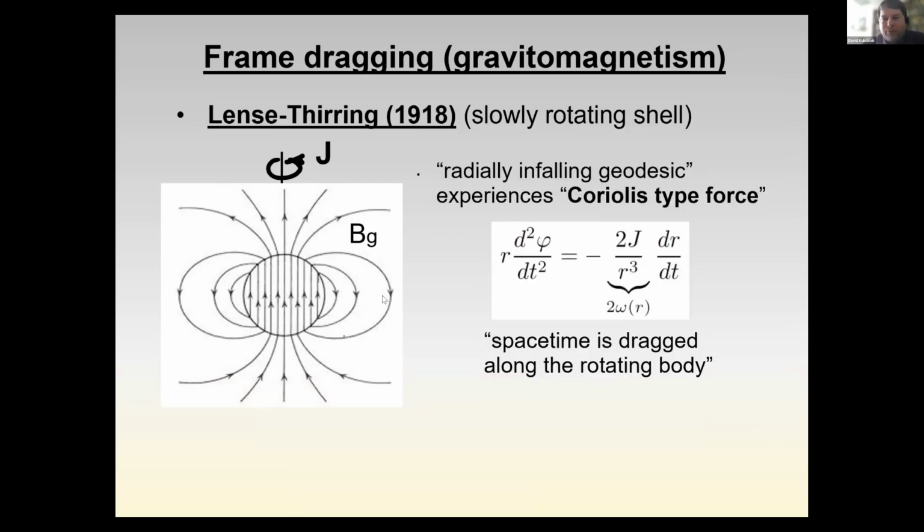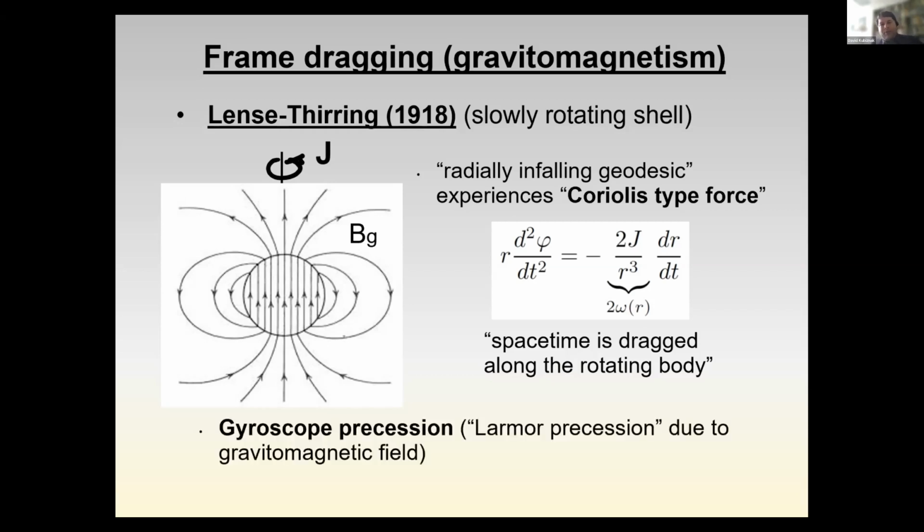And due to the Lorentz force, if you send radial geodesics in, then of course this Lorentz force will push your geodesics to start rotating with the rotating body. And so here's the corresponding Coriolis type force, but you can also interpret this as the spacetime outside of the rotating body being dragged along with the rotation itself.